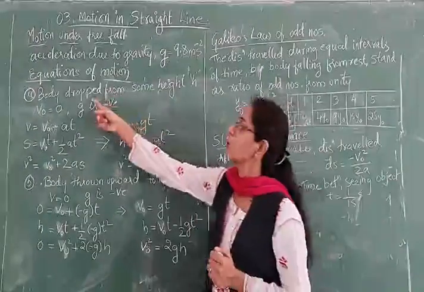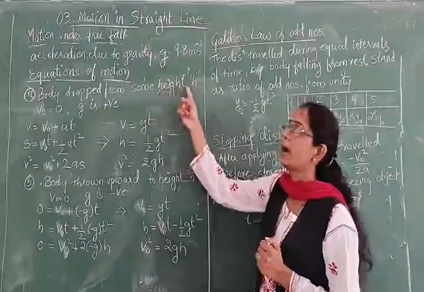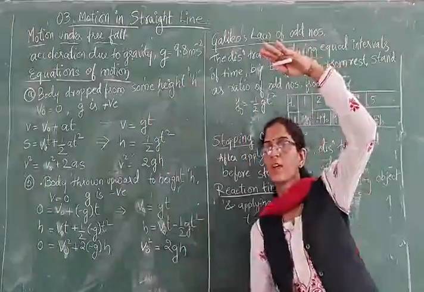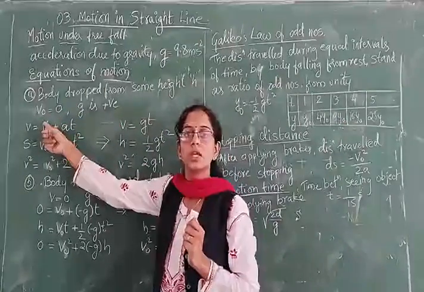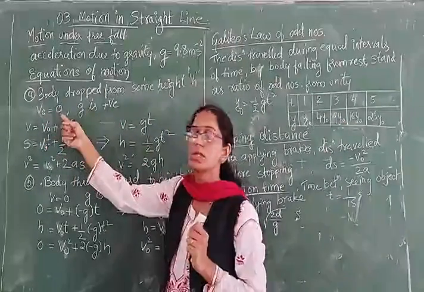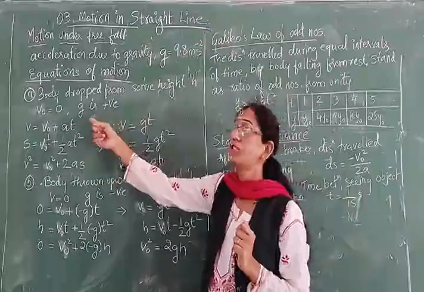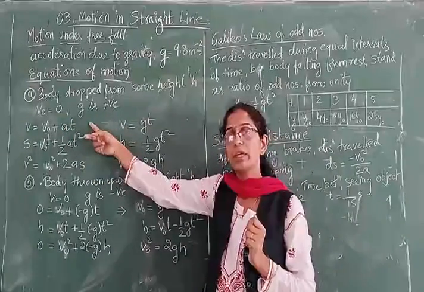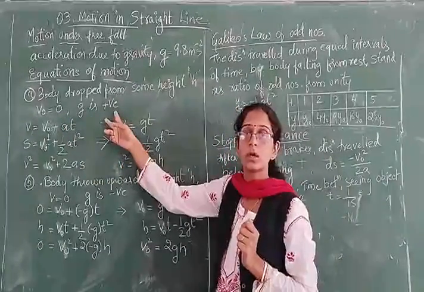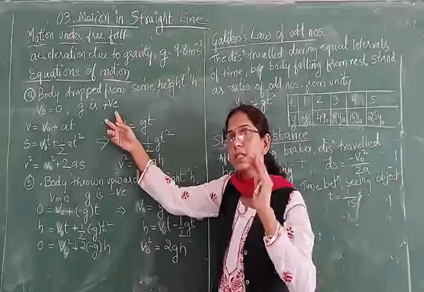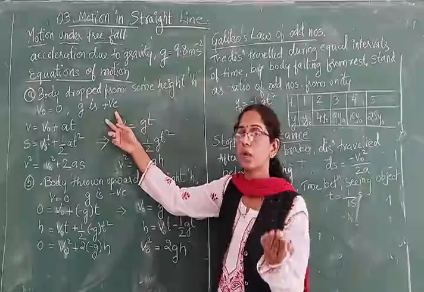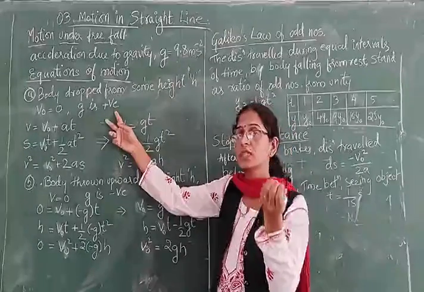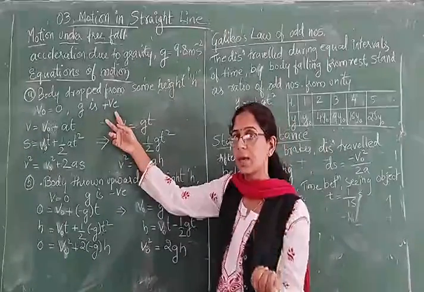So the first case is a body which is dropped from a certain height. Let that height from the surface of the earth be h. v0 is the initial velocity, let that be equal to 0 meter per second. Then g, the acceleration due to gravity, is taken to be positive. Why positive? In the first case, the direction of motion and the acceleration due to gravity, or the force exerted on the object, are in the same direction.